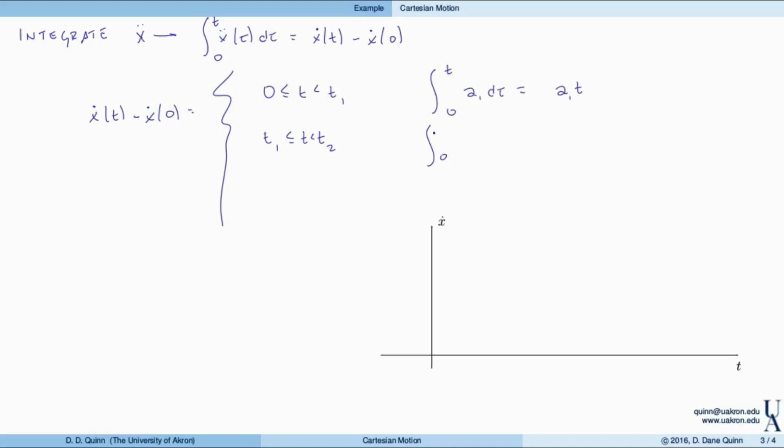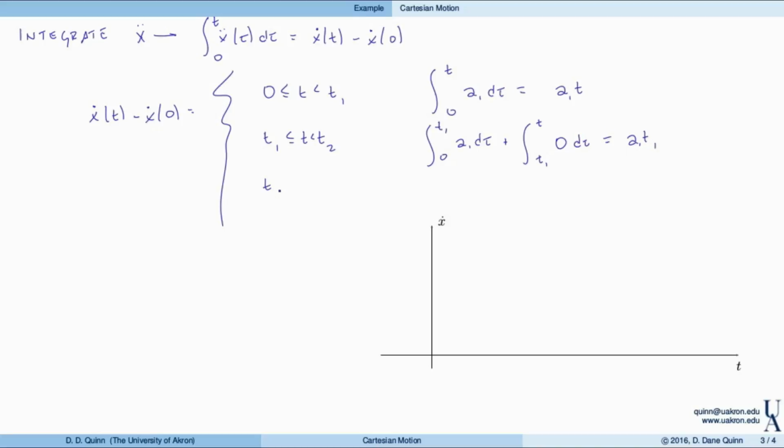So we have an initial interval, 0 to t1, a1 d tau, plus the integral from t1 to whatever my time is, t. But the acceleration during this interval is just 0. So when we work this out, this piece makes no contribution, and this is just a1 t1. This is the speed: the value of a1, the acceleration, times the time that we accelerated forward during that initial interval. So that ends up being the speed that we hold constant.